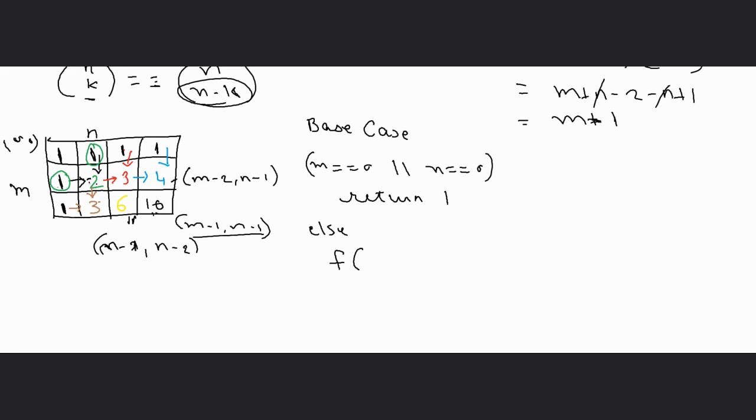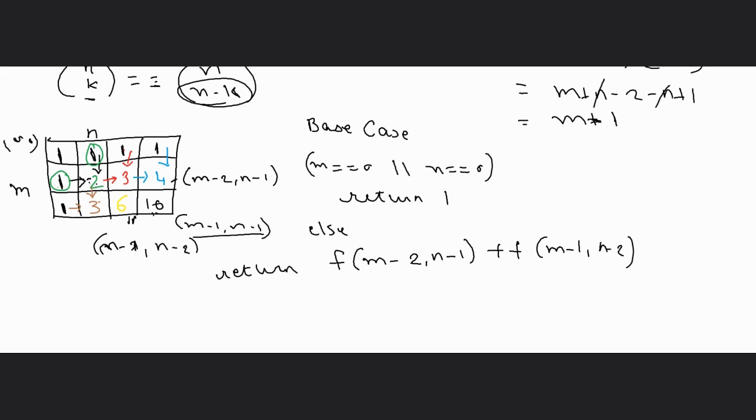So I'm going to return f of m minus 2, n minus 1 plus f of m minus 1, n minus 2. Okay, so that is our recursive case.